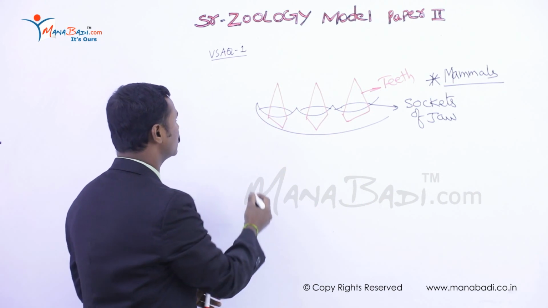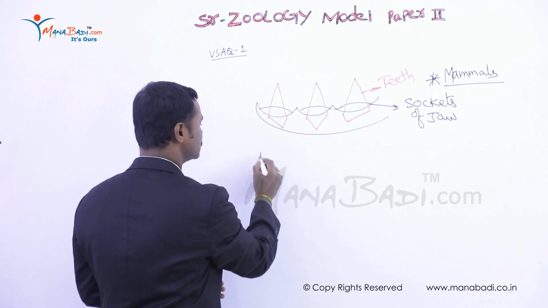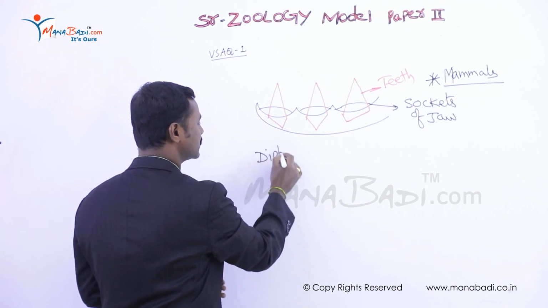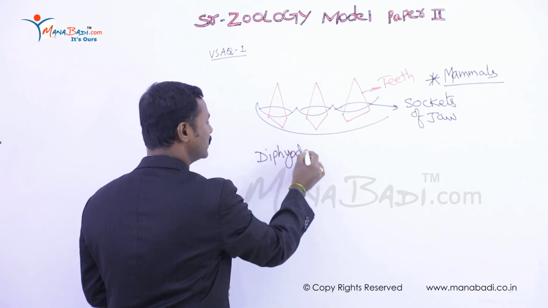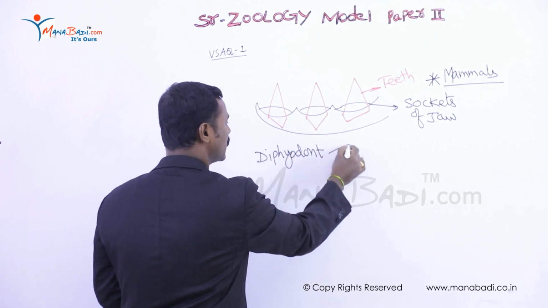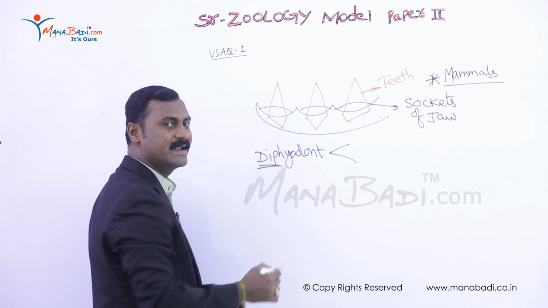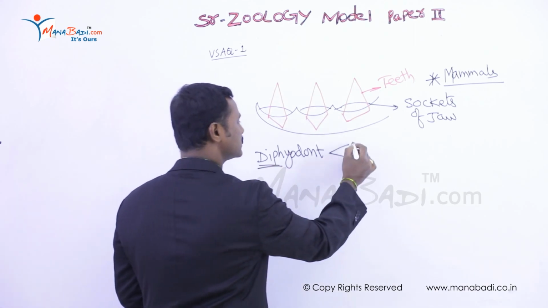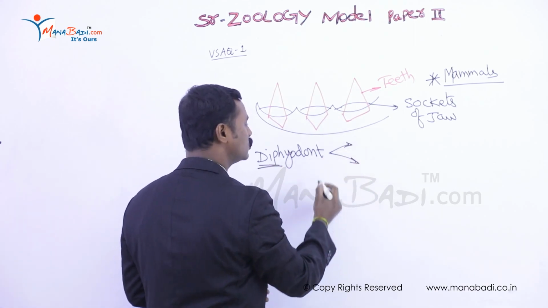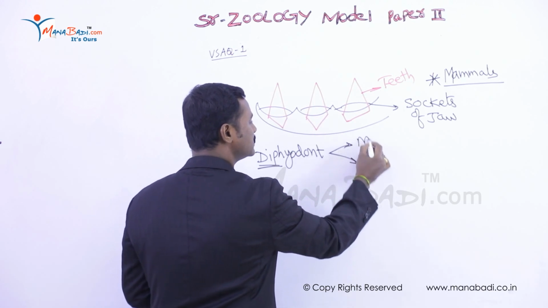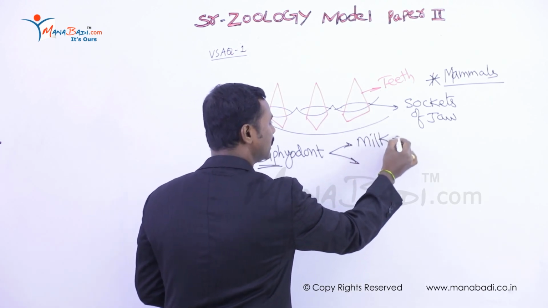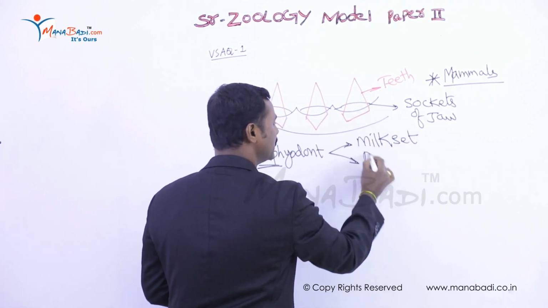The next one we are going to see is diphyodont dentition. What is diphyodont dentition? The name itself says that di means two. So in our lifetime we have two sets of teeth, one is the milk set and another one is the permanent set.